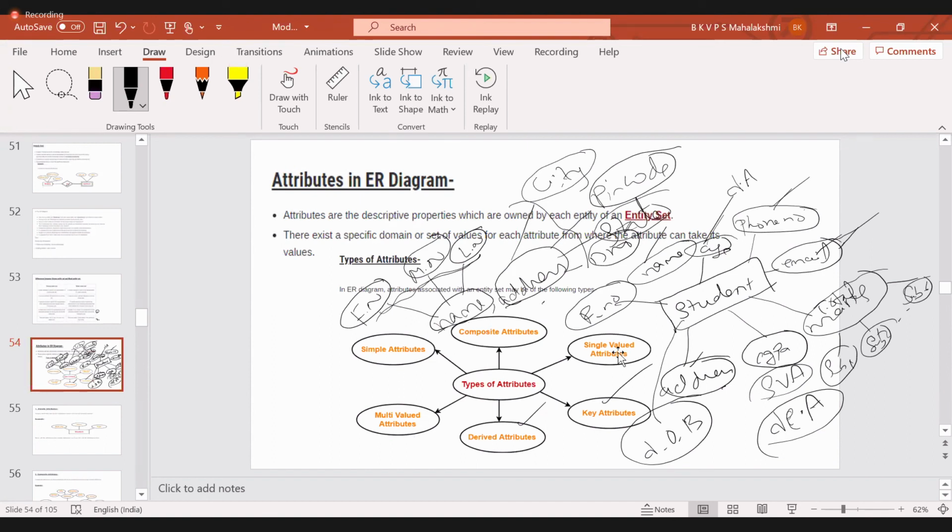Yes, ma'am. But what's the difference between composite and multi-valued attributes then? Multi-valued means phone number. Address can also be a multi-valued attribute, right? Address can also be a multi-valued attribute, but they will just ask specifically to fill the address for the permanent.